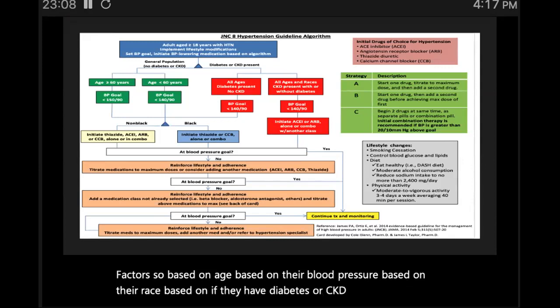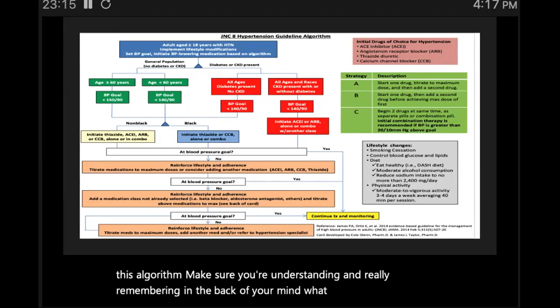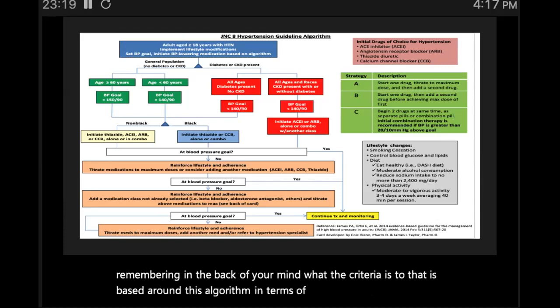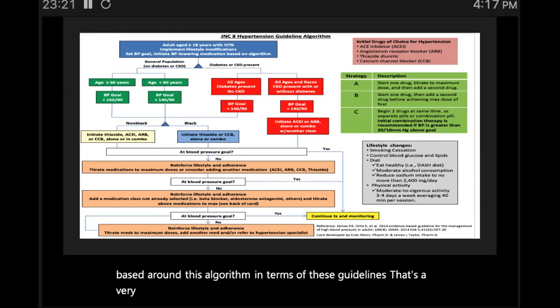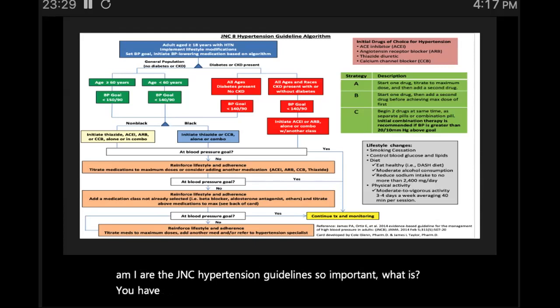As you read this algorithm, make sure you're understanding and really remembering in the back of your mind the criteria this algorithm is built around. That's a very important thing to remember. So when you're considering why the JNC hypertension guidelines are so important, you have to remember what the algorithm is actually looking at in terms of the patient.